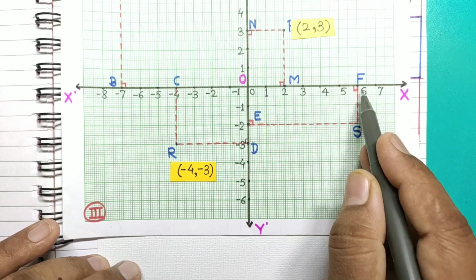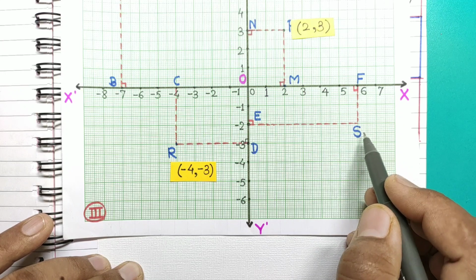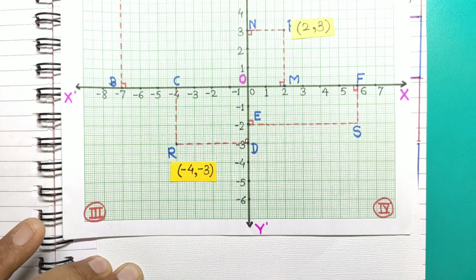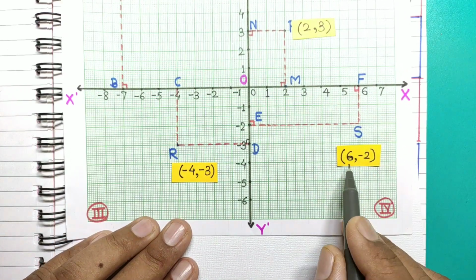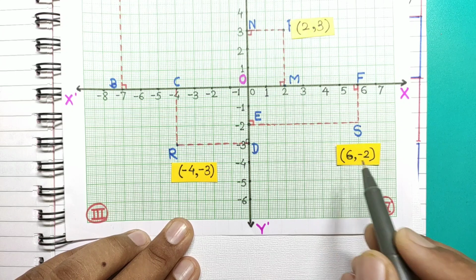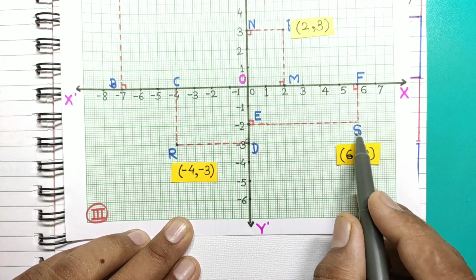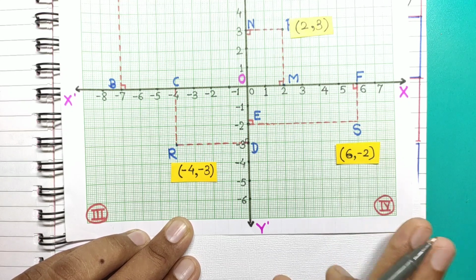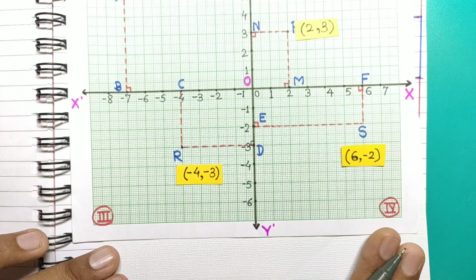Its length is 2 units. So the y coordinate of point S is minus 2. That means in the fourth quadrant the x coordinate of any point is positive and y coordinate is negative. So coordinates of point S are 6, minus 2. You note these things very properly.